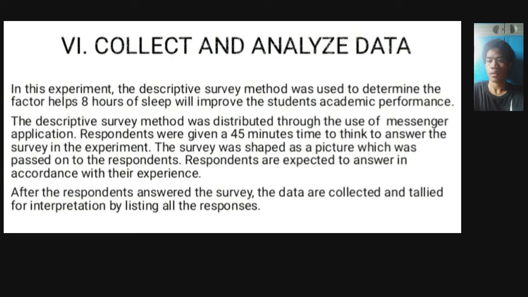The survey was shaped as a picture which was passed on to the respondents. Respondents are expected to answer in accordance with their experience. After the respondents answered the survey, the data were collected and tallied for interpretation by listing all the responses.